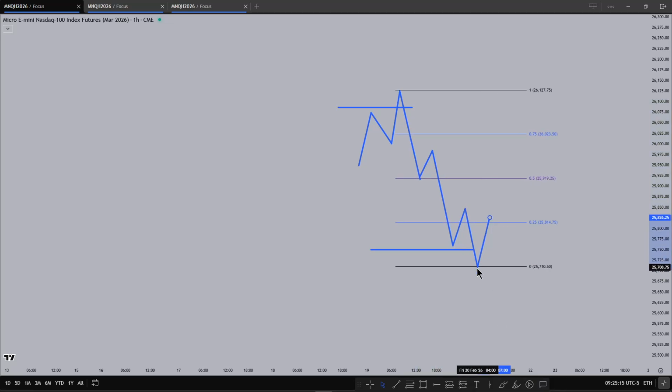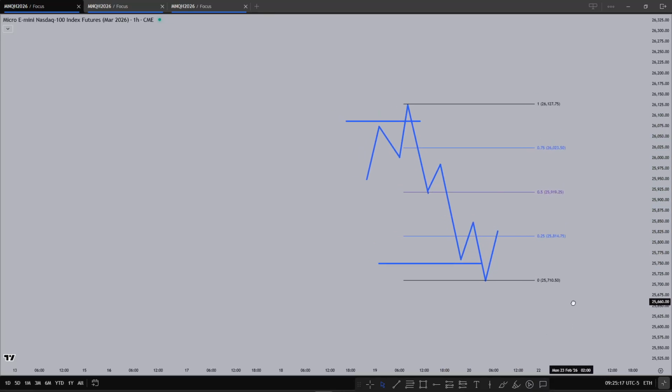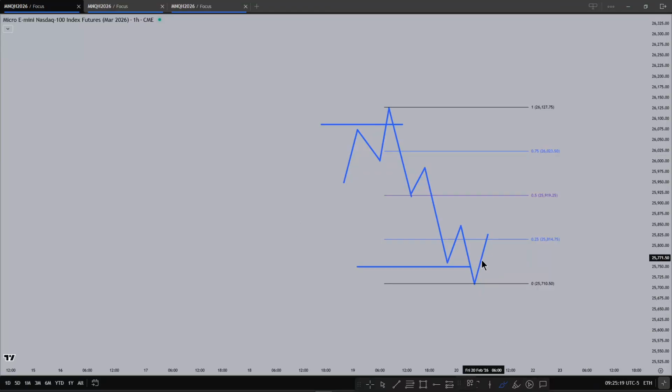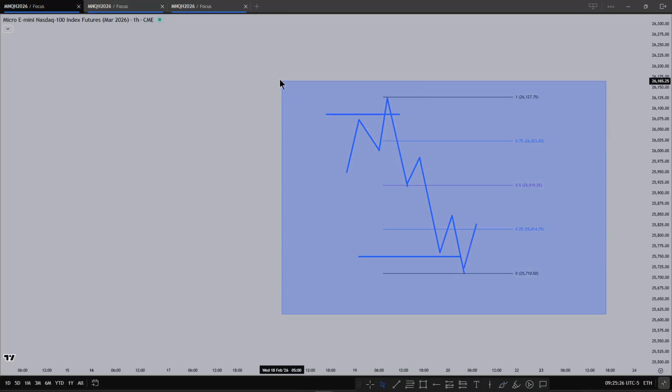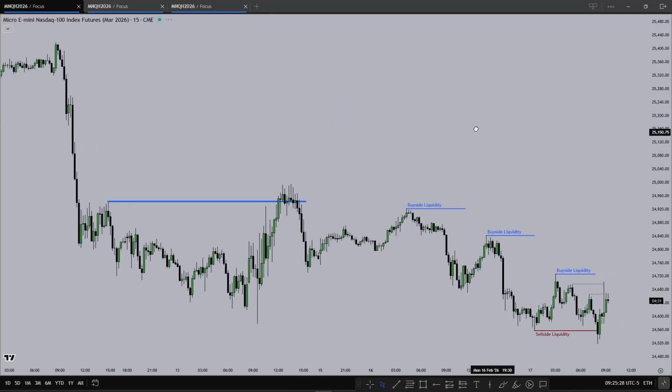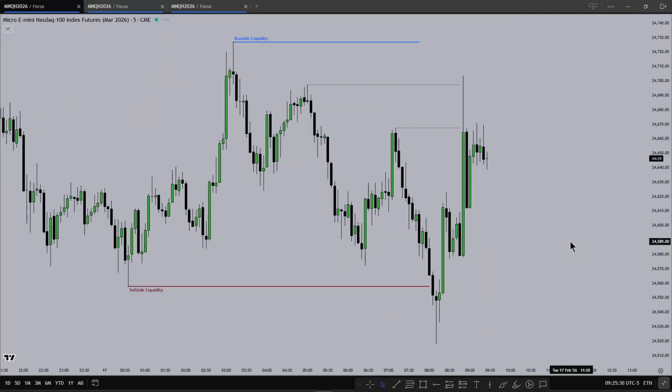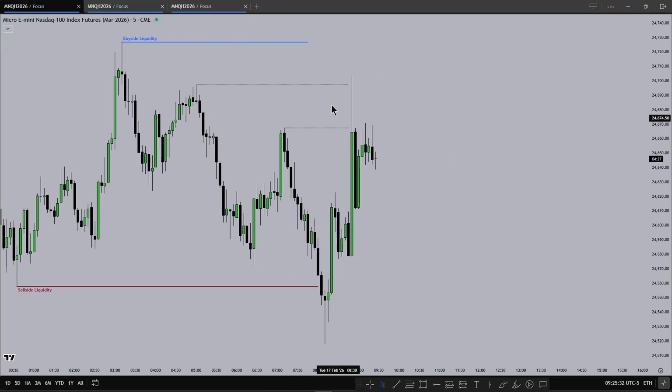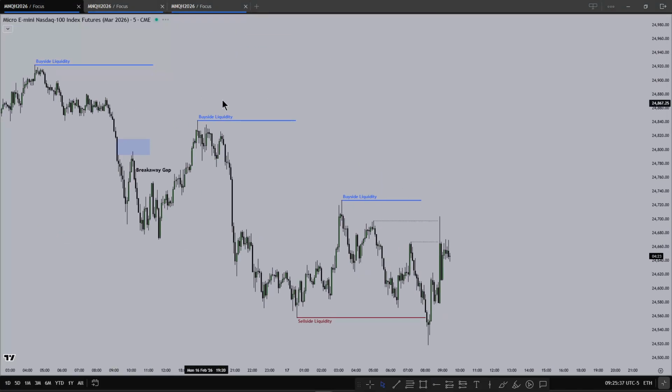It's the dealing range, right? So that's how a dealing range is created, with a liquidity sweep on buy side and sell side. Of this internal range, if we're looking at this here, we're in a premium, right? If we're bearish, I don't really want to see us trade up into these higher buy side levels.